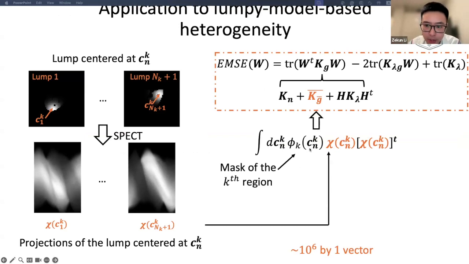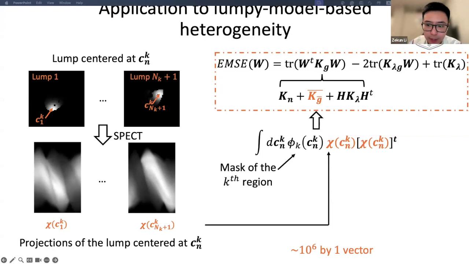The chi here actually denotes projections of lumps centered at c_nk in the kth region. And as illustrated in this figure, this integration intuitively can be understood as accounting for the correlations in the projection domain due to each potential lump in the object domain.